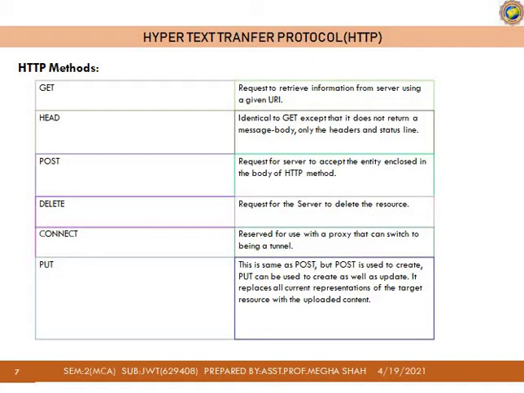What do we do in a get method? In a get method, we request to retrieve information from the server using a given URL. Whatever information we want to retrieve from the server, at that time we use the get method. Next one is the head method. It is identical to get except it does not return a message body, only headers and status lines.